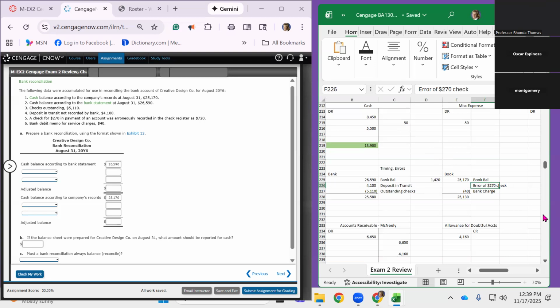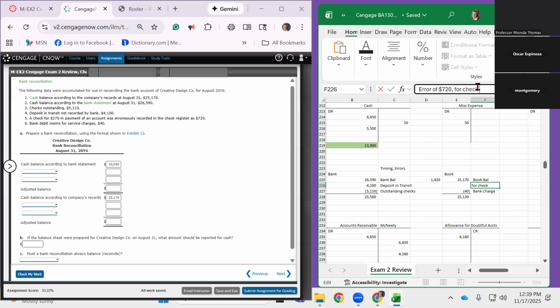Okay. All right. So once again, this is a check that we put in too much. We took out too much cash because, all right, so the error of 720, and here's a good way to say it, an error of 720 for a check written for 270.